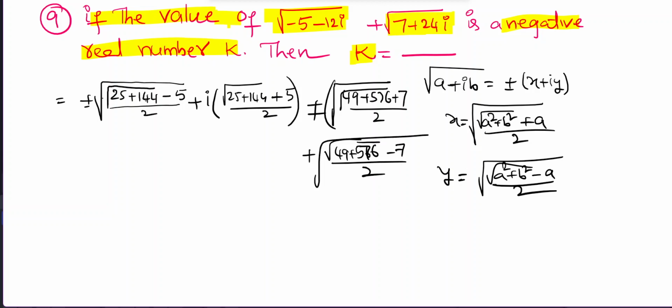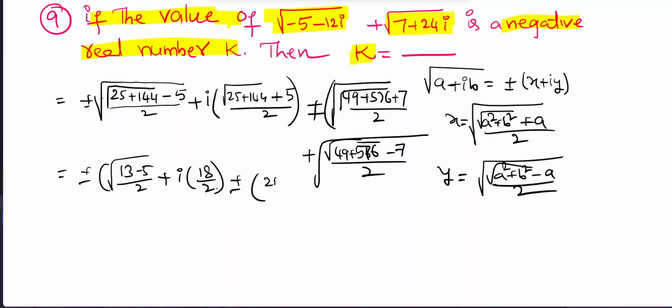So here 25 plus 144, this is plus or minus root 169, which is 13. This is root over 13 minus 5 by 2 plus i into root over 13 plus 5, that is 18 by 2. So plus or minus, here 49 plus 576, root 625, that is 25.